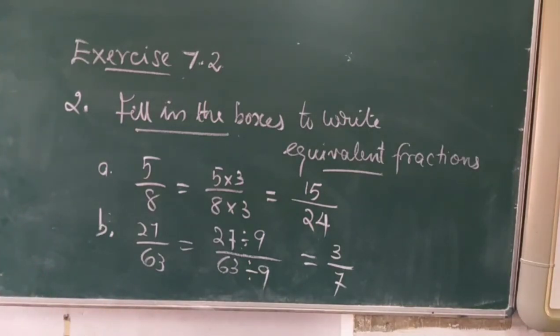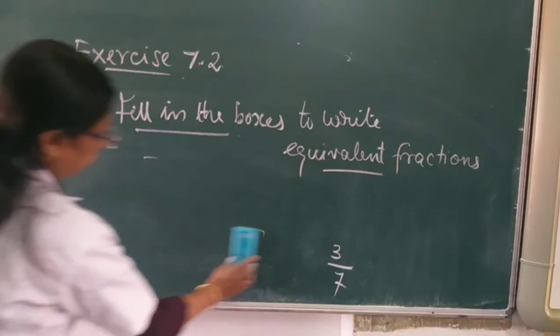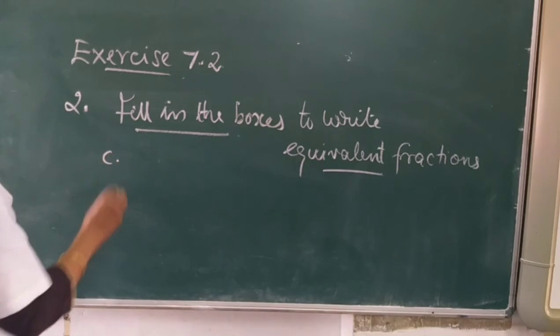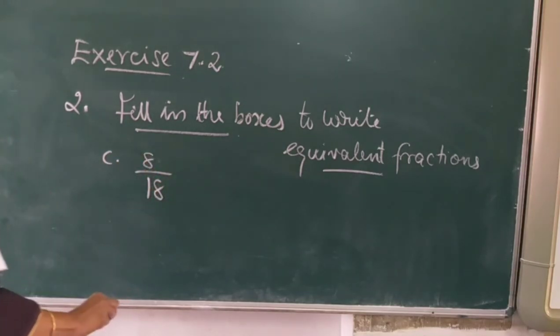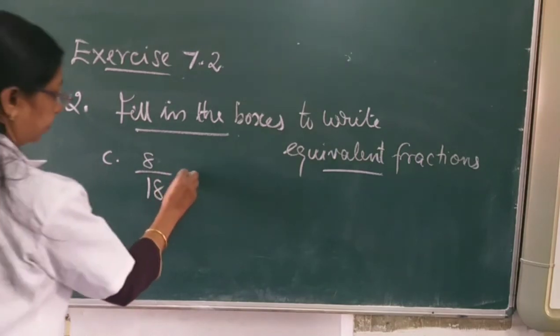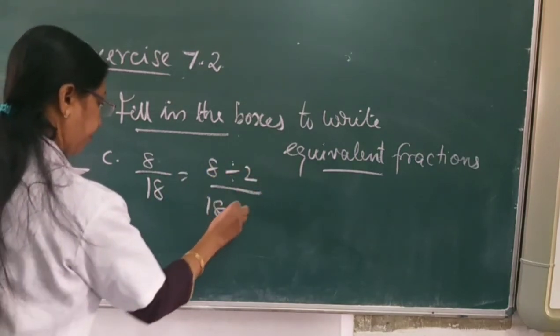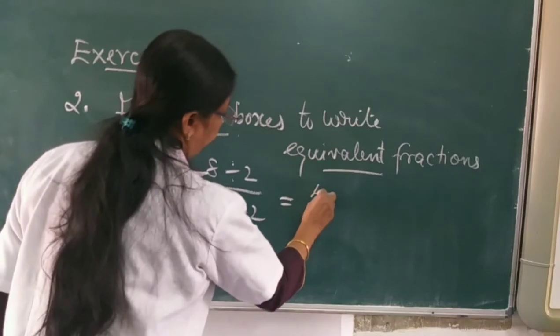Okay children, next is the C question. 8 by 18 is equal to, okay, 8 divided by 2. 8 divided by 2 is 4.